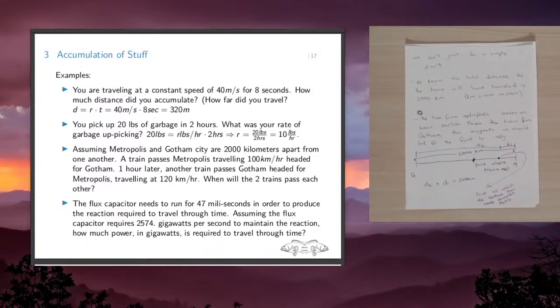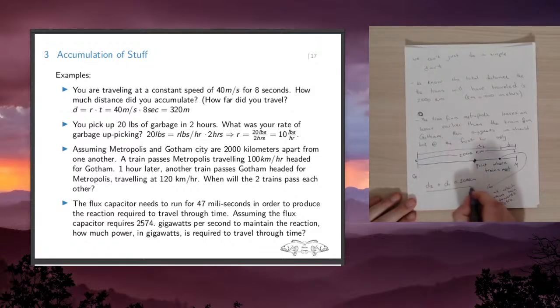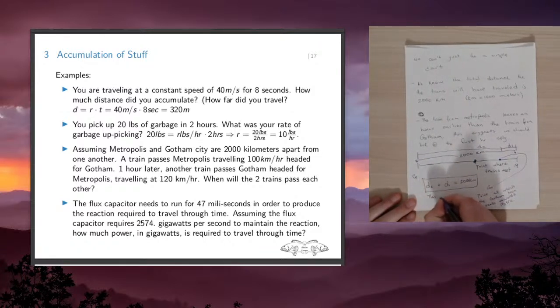Like if you have 10 apples and you eat 2 of them, there's still 8 more apples left to eat. But what's the most important thing here? What can we gain from this? Well, this is the key, as it turns out.